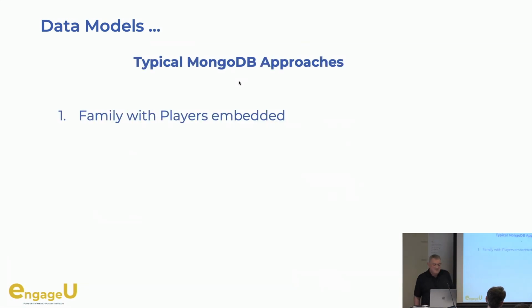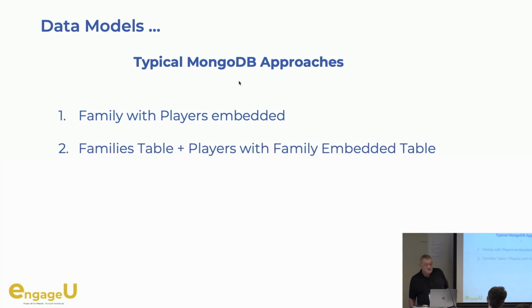And we're going to look at typical MongoDB approaches. One is a families object with an array of players embedded in it. Simple. So all the data is in that place, and any time you need some information, dig into that and get it out. Another is to use a families table plus a players table with the family information embedded in it.